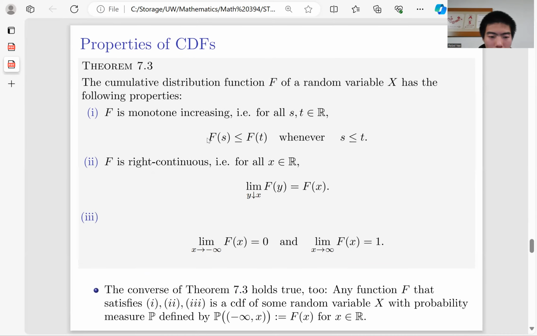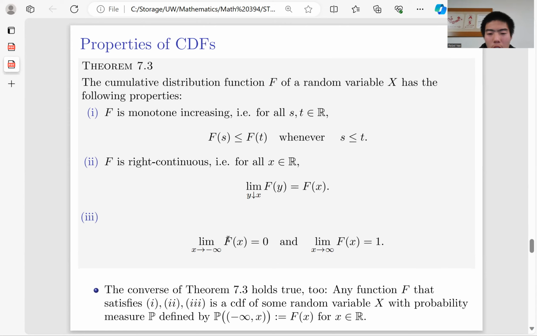Okay, and I think the third property is easiest to understand. F(x) goes to 0 as x goes to negative infinity, because for any value smaller or equal to negative infinity, the probability is 0. It contains no realization.